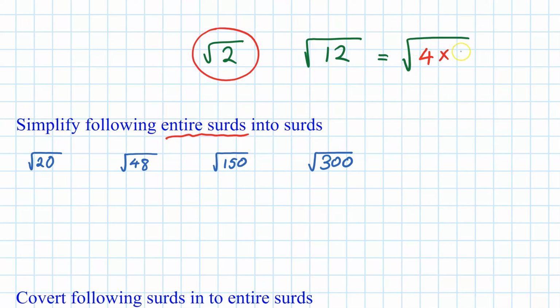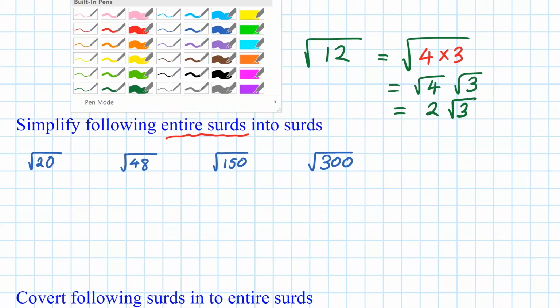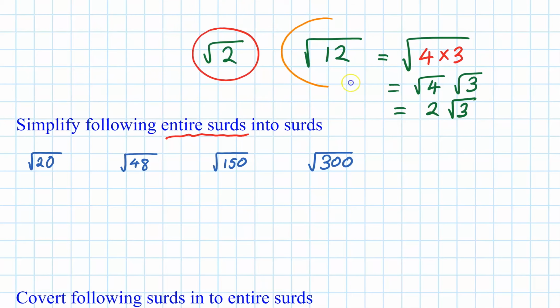12 is 4 times 3, where I know that for the square root of 4, I have a good answer, a positive integer. What is that? That's 2. So therefore, this is 2 root 3. In fact, the starting point here, root 12, is in fact 2 root 3.